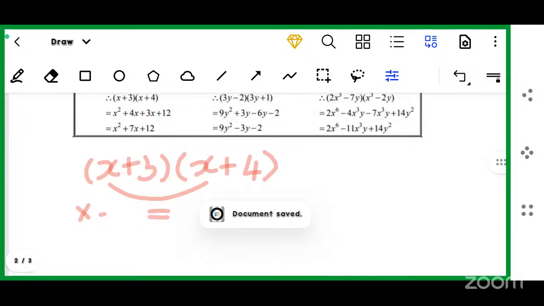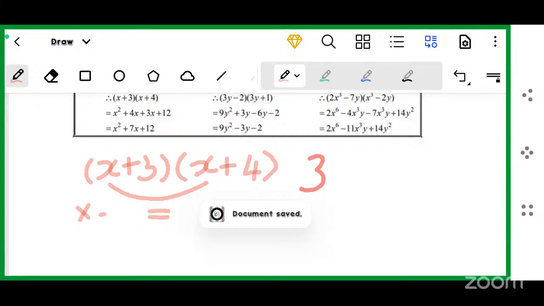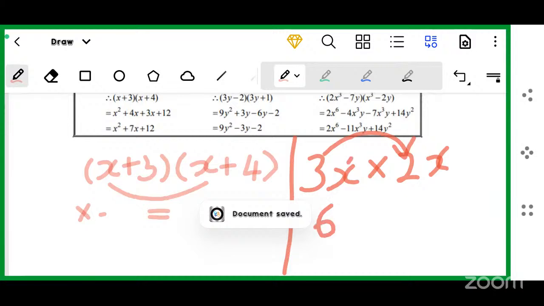So, let's say you have 3x multiplied by 2x. If it's something like this, you know that you're going to multiply these two. What are you going to get if you say 3 multiplied by 2? 6. Perfect. You write your 6, and then when you multiply x by x, you're going to get x squared.